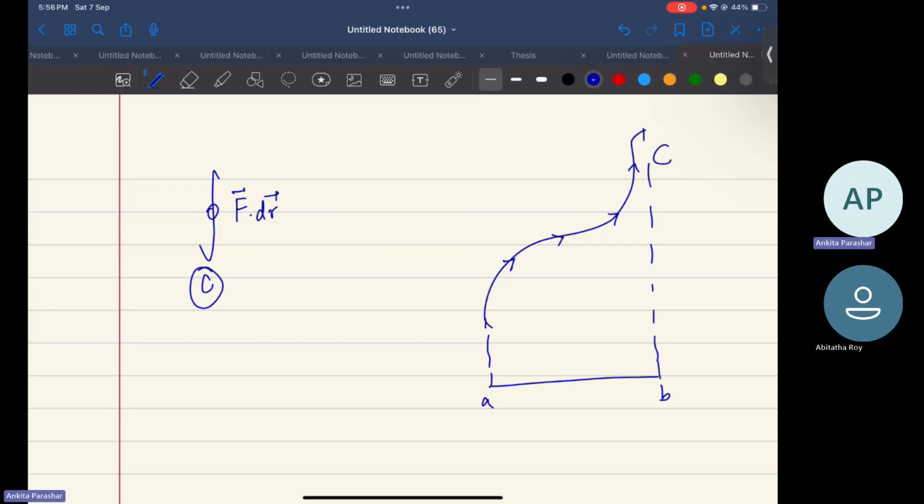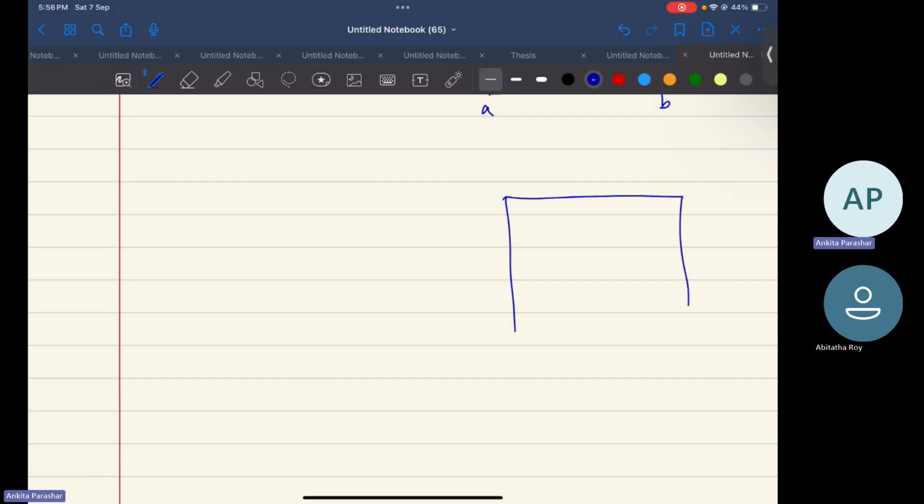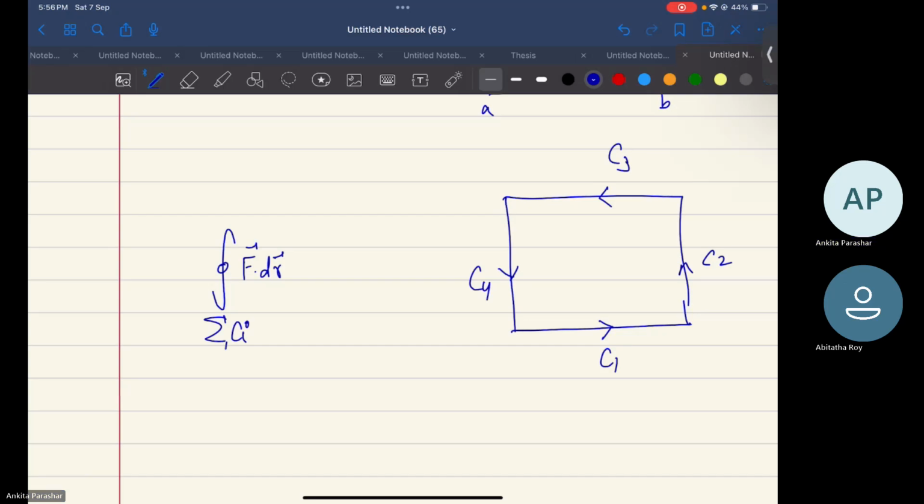Suppose I'm parameterizing this rectangle. It's a unit rectangle. I'm parameterizing from this direction, this direction, this direction, and I'm getting back. And I'm computing the integral of f dot dr over c, where this is c1, c2, c3, c4, summed over the ci's. Of course it will be 4 integrals, each over c1, c2, c3, c4.